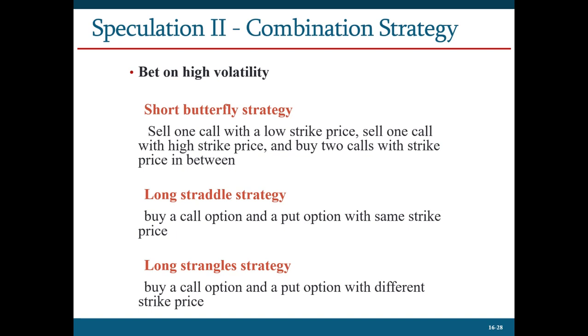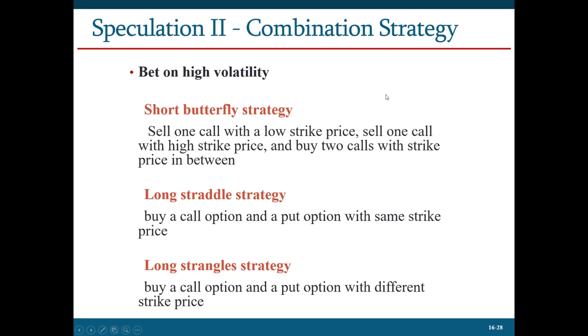In that case, you will lose the premium on both the call and put options. Alternatively, you can do a long strangle strategy. You can buy a call option and a put option with different strike prices, depending on how bullish or how bearish you are. And here, your gain on the upside and the downside is different. This strategy will also generate net losses when the stock price doesn't move a lot.